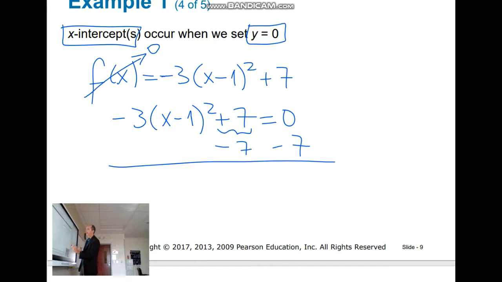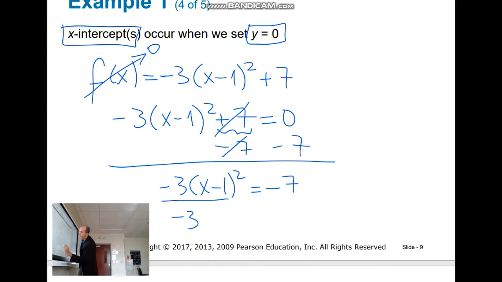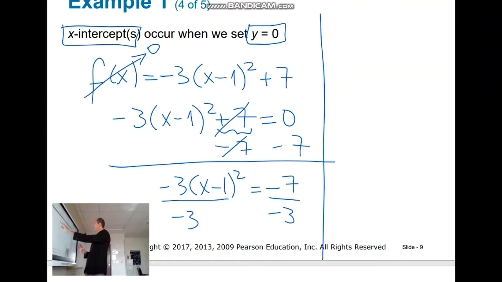Then you will have negative 3 times x minus 1 squared equals negative 7, and then divide both sides by negative 3. Simplify, so x minus 1 squared equals what? 7 over 3.